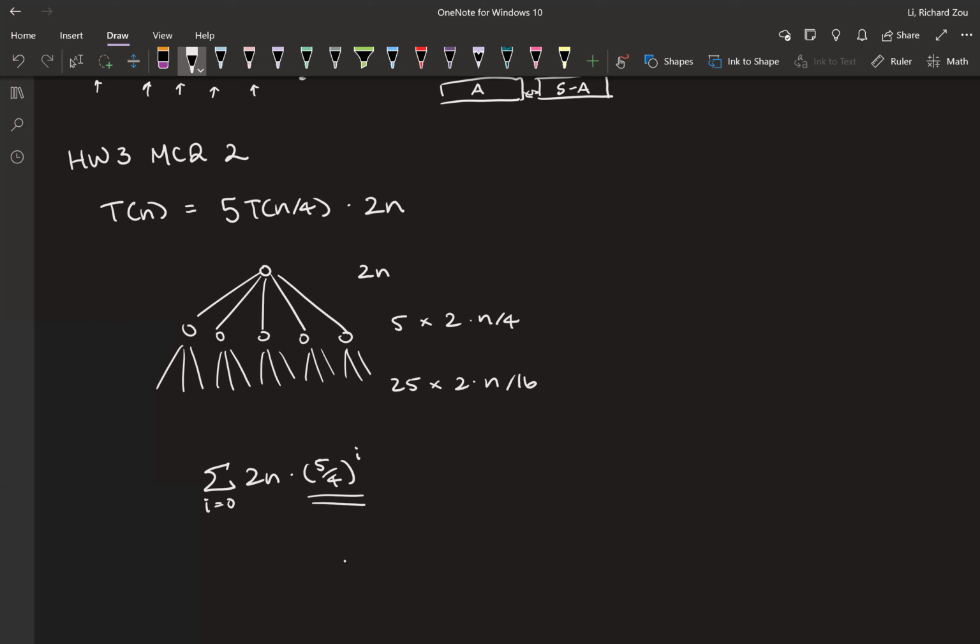Because this factor here, this ratio here, is greater than 1.